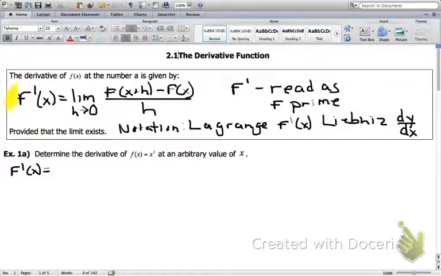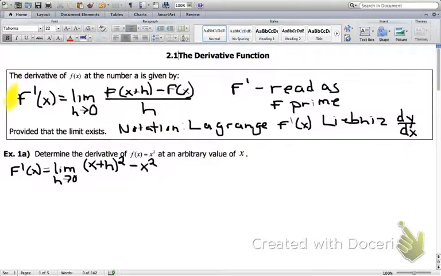So this will look like f prime at x is equal to our limit as h approaches 0 of x plus h squared minus x squared.